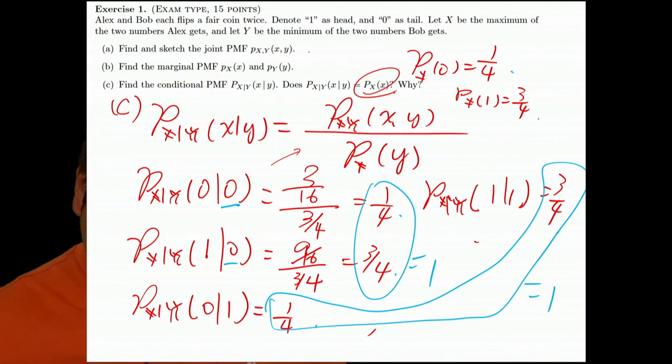So you can also realize that those are the same. When x equals 0, I got 1/4, 1/4. When x equals 1, I got 3/4, 3/4. Why? Actually, that's the same because they are independent.